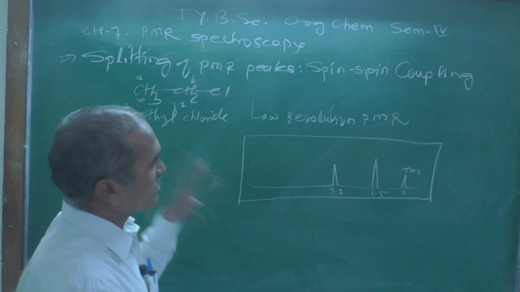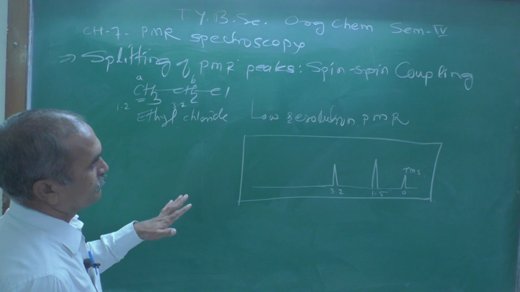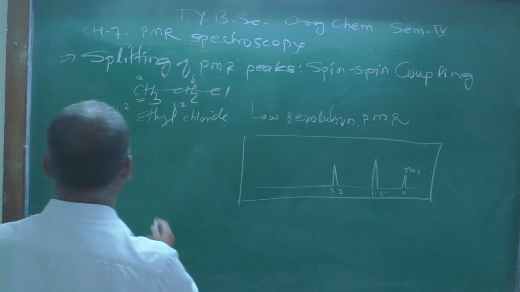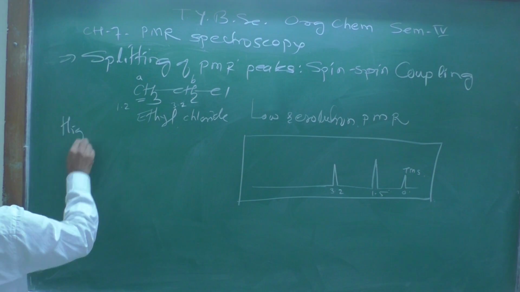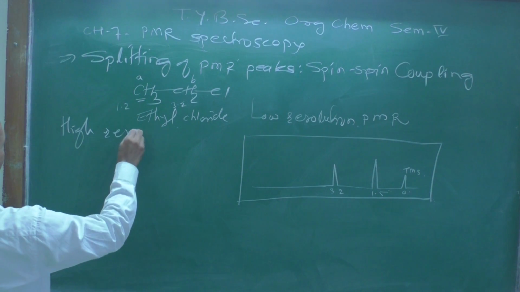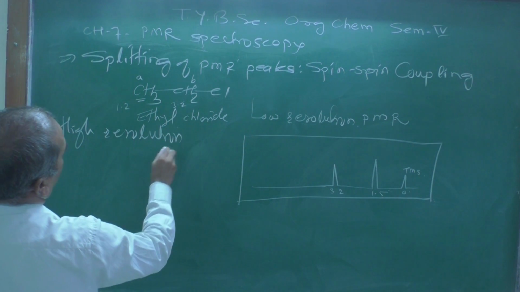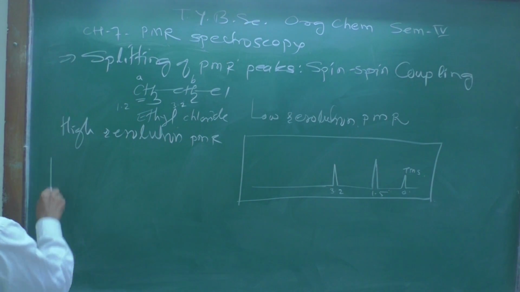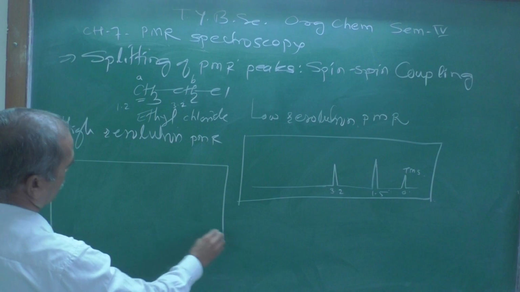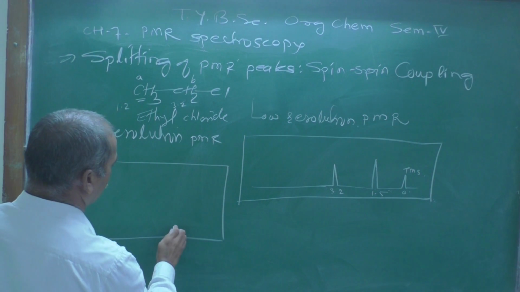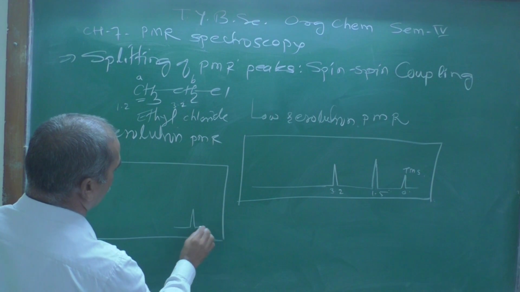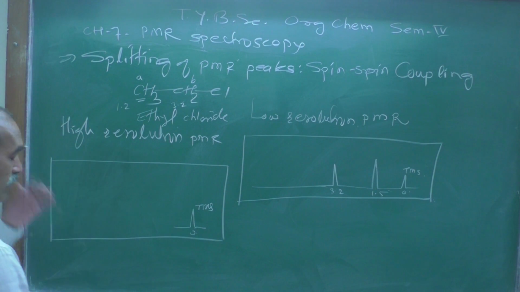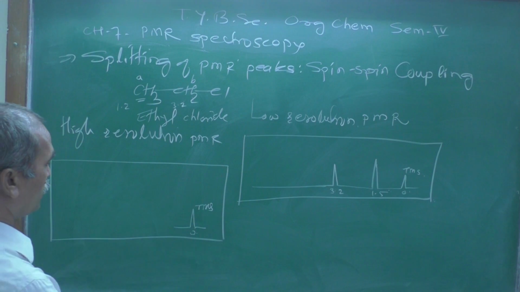If the same spectra is taken for high resolution PMR, what do you get? Let's see over here. This is a spectra, and as we know, this is the peak due to the TMS, tetramethylsilane, which is at 0.